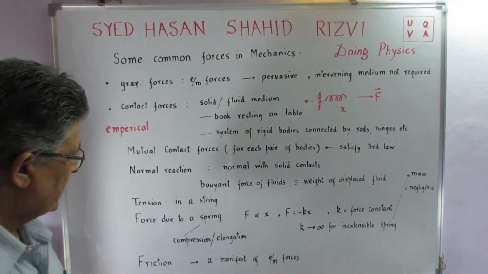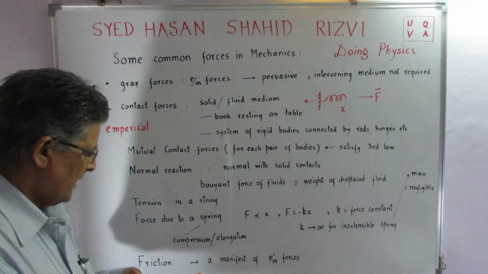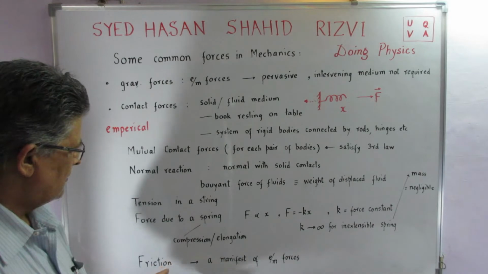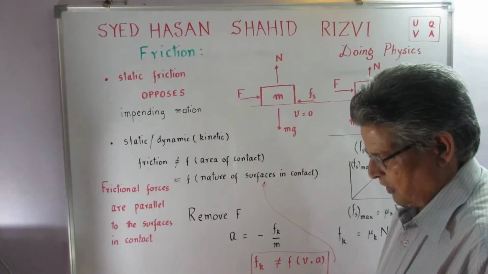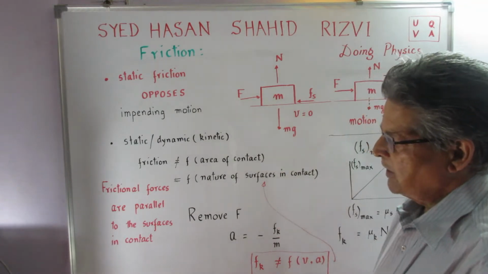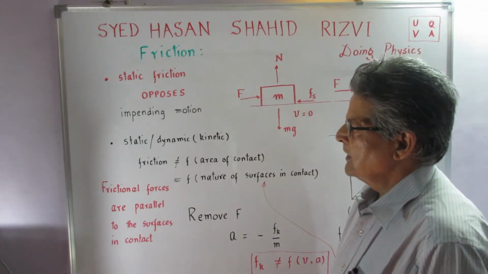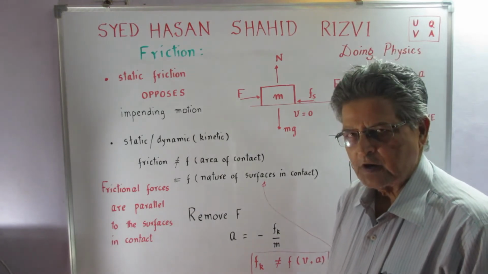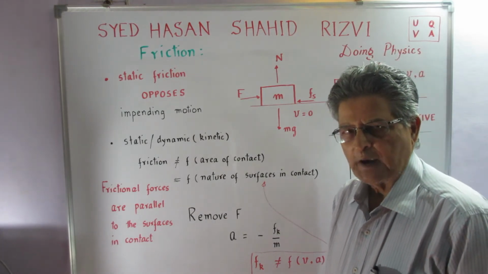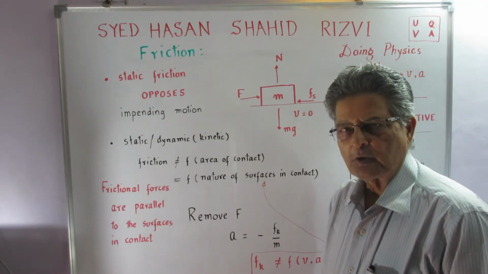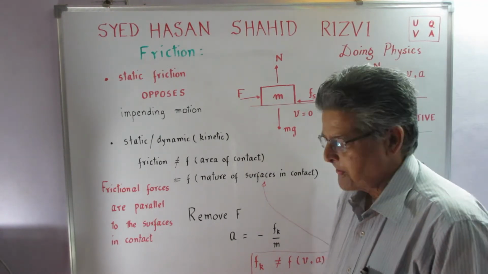Okay, so next we talk in detail. I try to introduce the concept of friction. The most beautiful thing in nature is friction. It is friction because of which we can move on a surface which should not be frictionless.